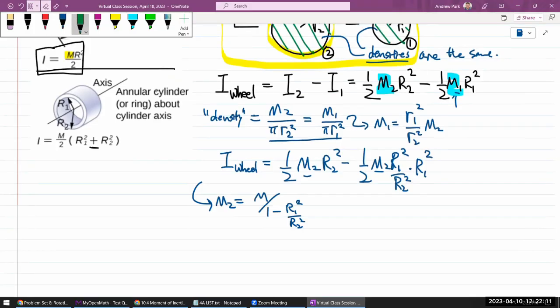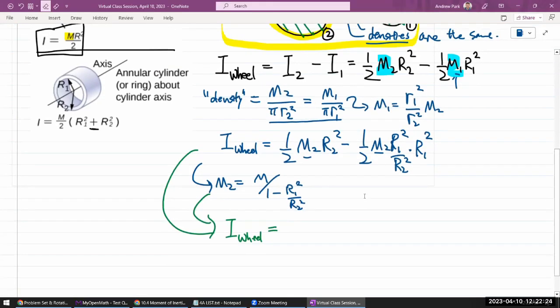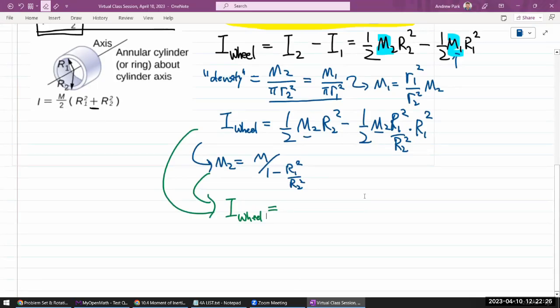So let me plug this in and see what comes out. Maybe something good will happen, maybe nothing good will happen. We'll see. So the rotational inertia of the wheel is, let me do some intermediate simplification. I can see that 1/2 is in all the terms, so I'm going to factor that out. And I see m2 is in both terms, so I'm going to factor it out first and then substitute this in.